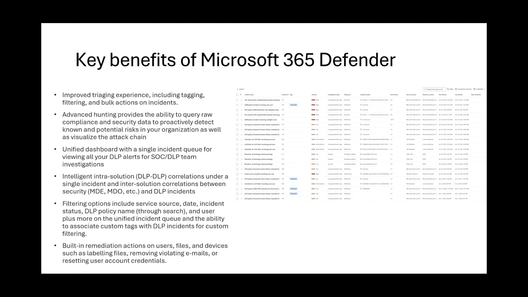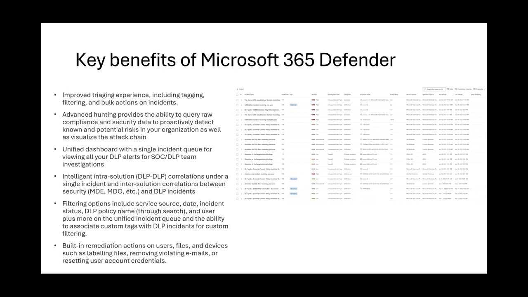There is a tool also called Advanced Hunting that provides the ability to query the raw compliance and security audit data to proactively detect the risks in your organization. And there are also reporting capabilities that allow you to visualize the attack chain using this tool.